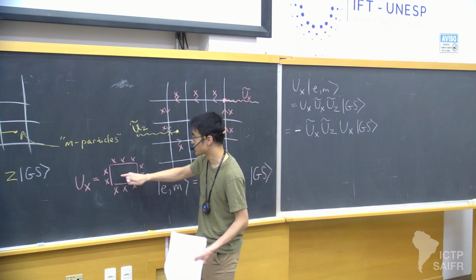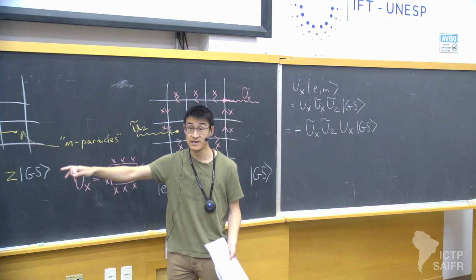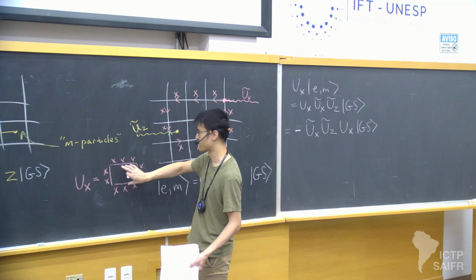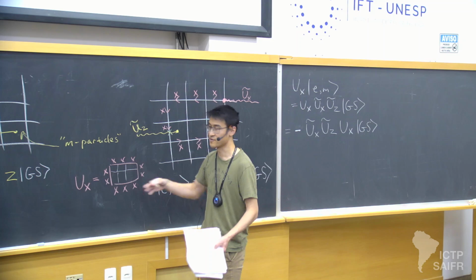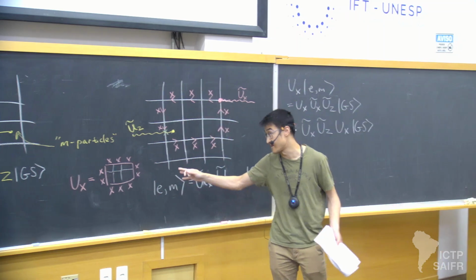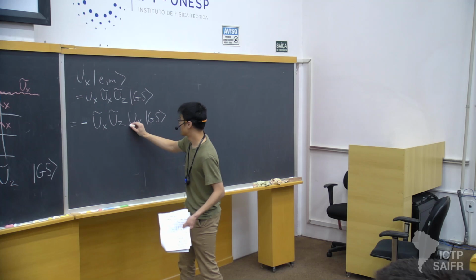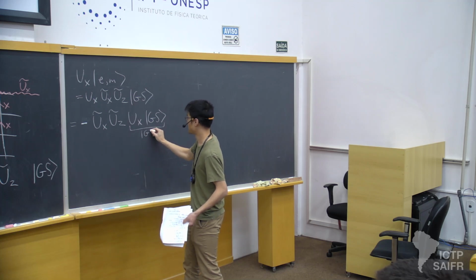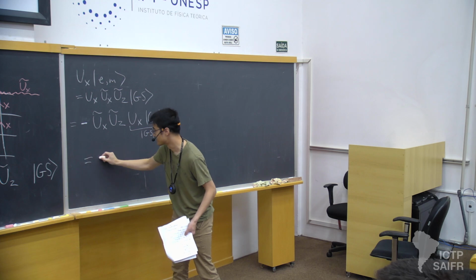Or if you want, you can write this UX operator as a product of a bunch of BP operators in the middle. Okay, so there are many ways to see this, but in any case, UX acts trivially on the ground state. So this is just the ground state. So you can see that at the end of the day, I just pick up a minus sign.